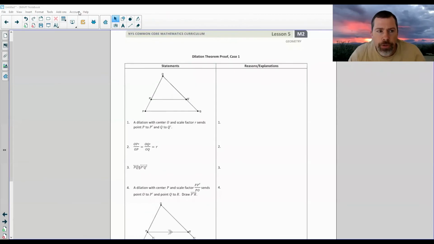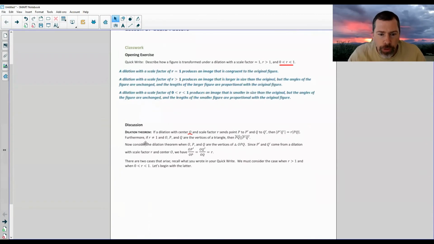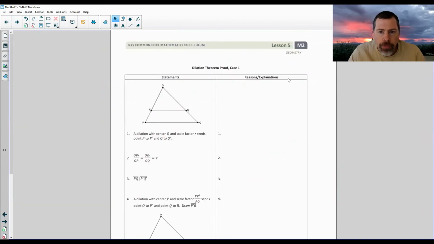Okay, page 2 brings us to the proof that we're trying to do from page 1 right here. So statement, reason, and explanations. 1, a dilation with center O and a scale factor r sends point P to P prime and Q to Q prime. That was given.